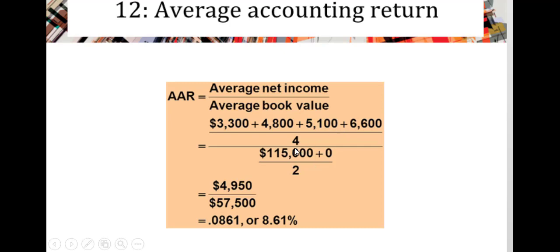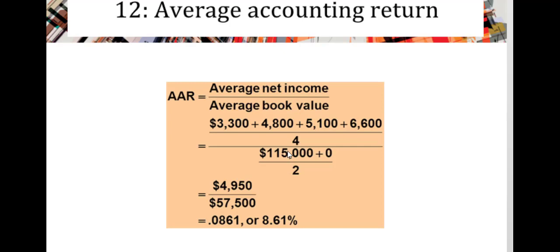The beginning value of the asset in our example is 115,000, and the end-of-year book value of the project is 0. So the average is divided by 2. The average net income for 4 years is the summation of income in each year divided by the number of years.